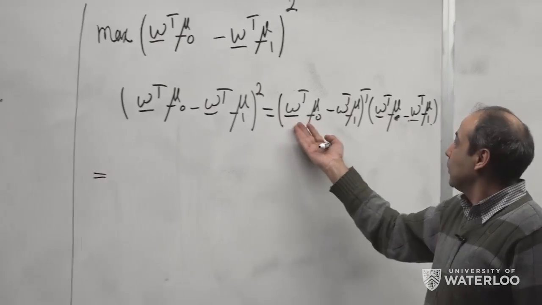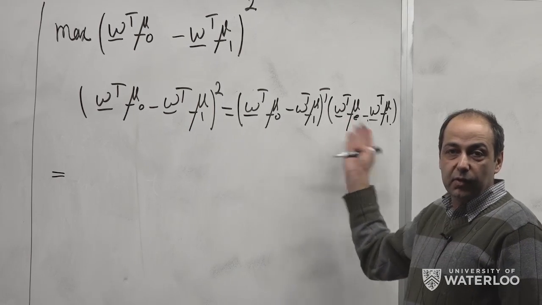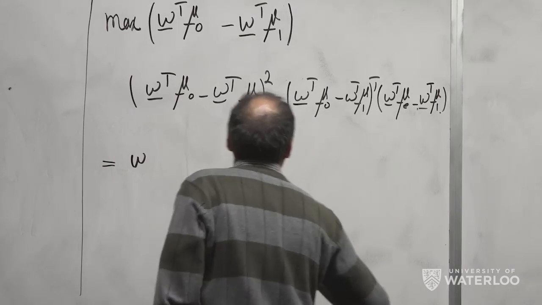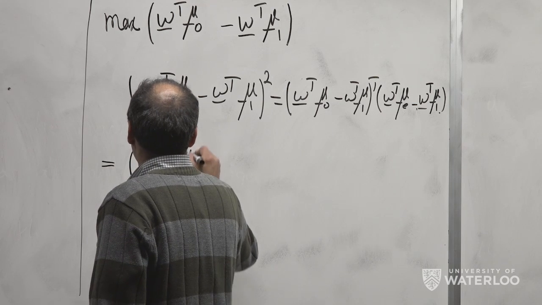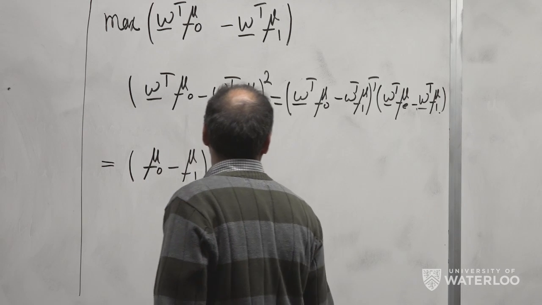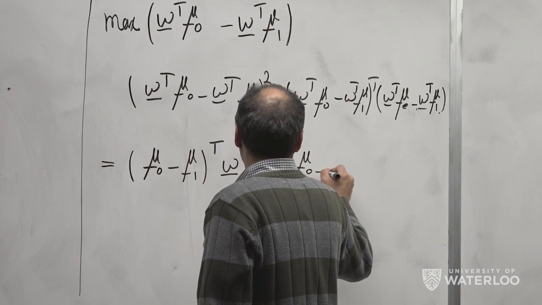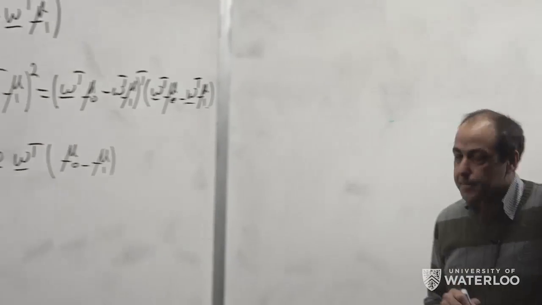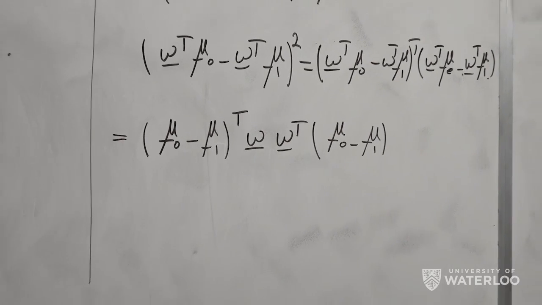I can take this W out of the bracket, and this W transpose out of the bracket. So I can write it as (mu0 minus mu1) transpose W W transpose (mu0 minus mu1).